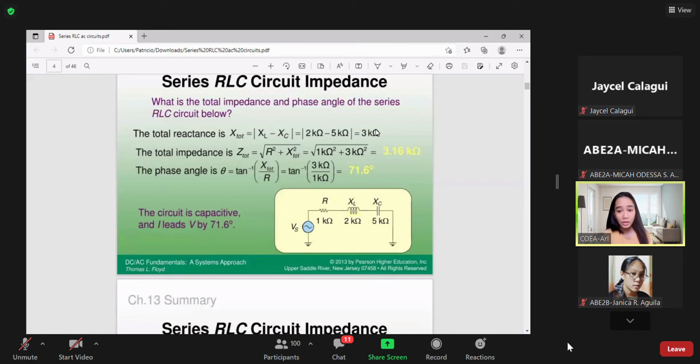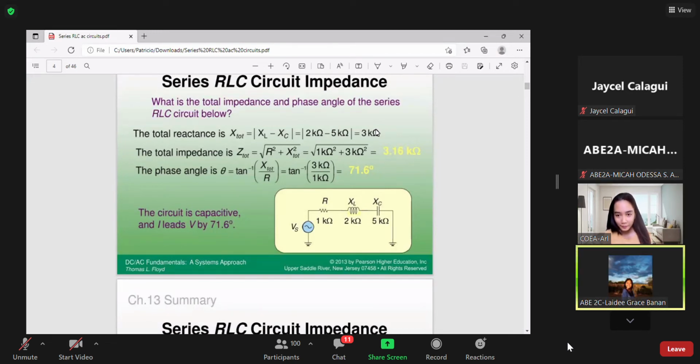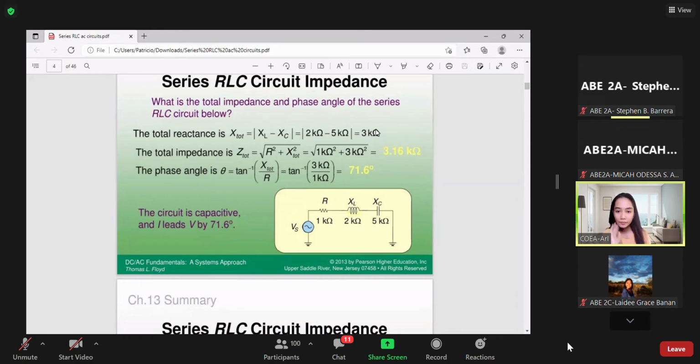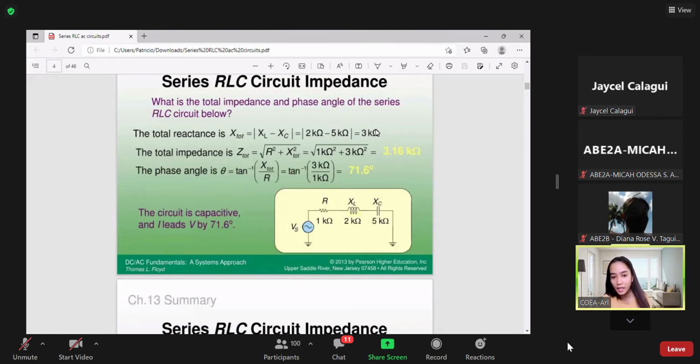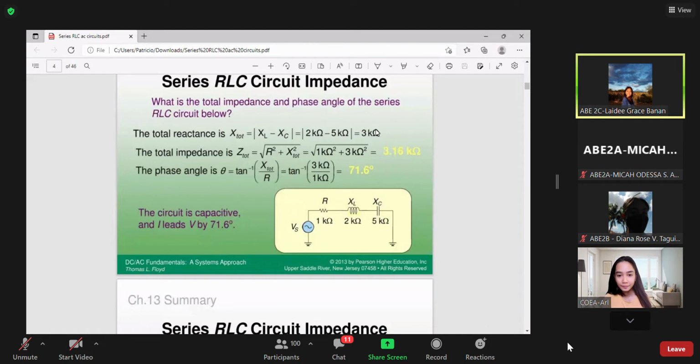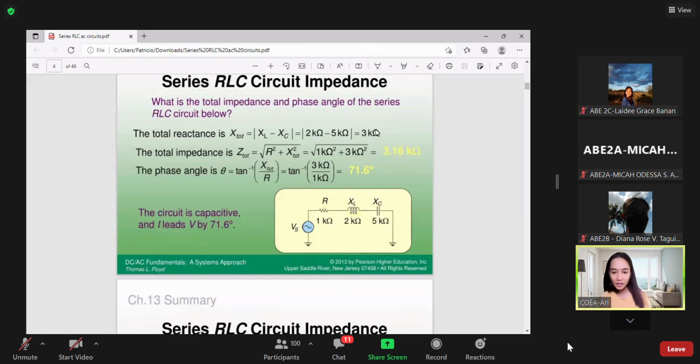Is it really 3.16 kilo ohms? 3.16227766, ma'am. How about the others? Same. And solving for the phase angle is the arctan of reactance over resistance. 71.56505118, ma'am. Okay, so they are the same.